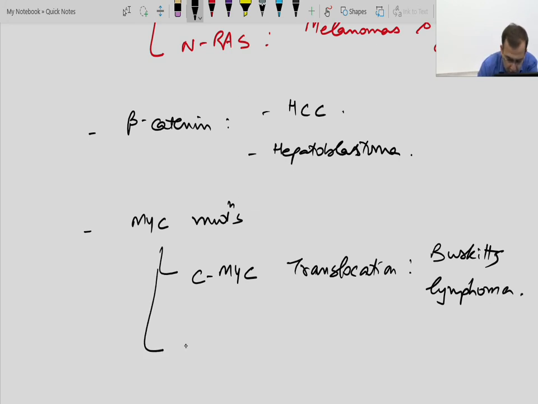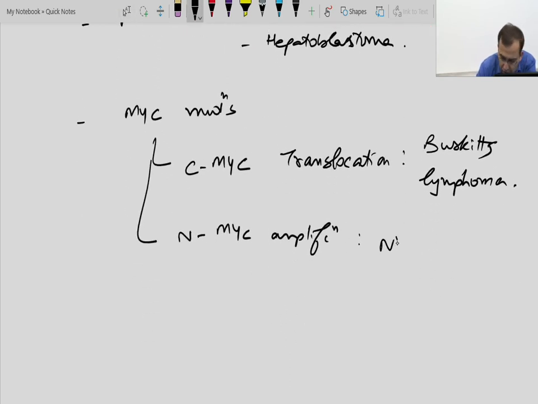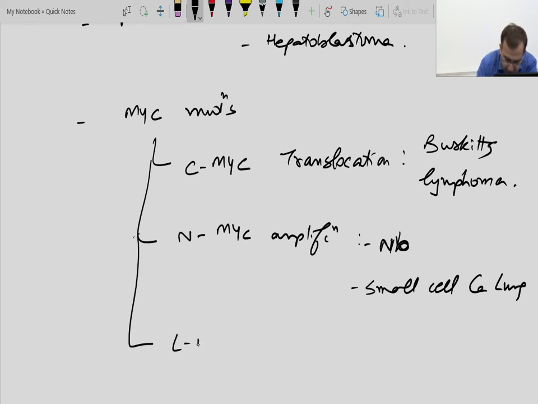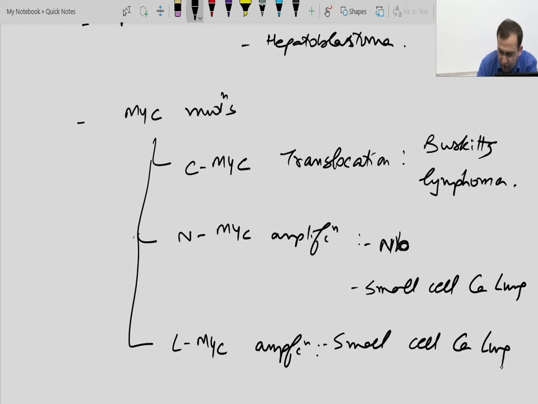It is c-Myc translocation versus n-Myc amplification or overexpression. n-Myc is neuroblastoma and small cell carcinoma lung. And last is L-Myc amplification, which is again small cell carcinoma lung. So the point to be noted is c-Myc is translocation, n-Myc and L-Myc are amplifications. This is asked.